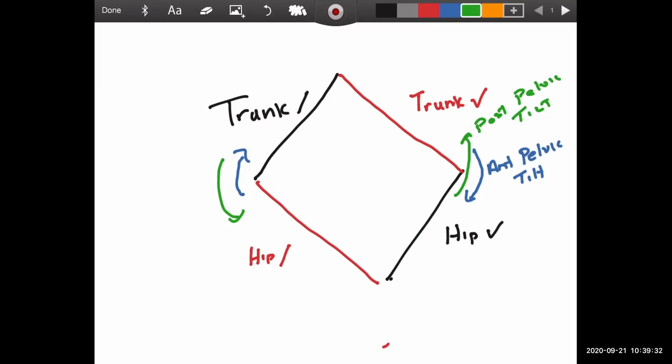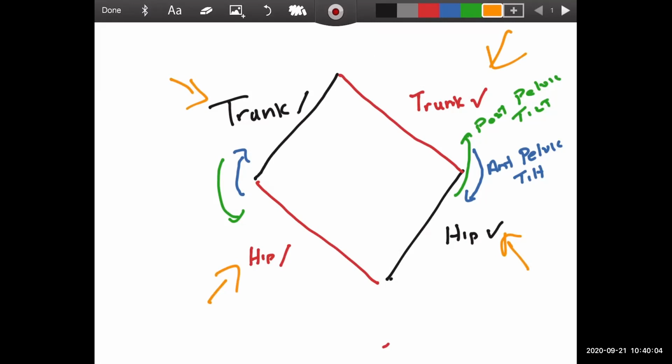So we've got our little diamond here and our primary groups of muscles: our trunk extensors, our hip extensors, our hip flexors, and our trunk flexors. I usually group them in groups, but you should be able to remember that the rectus abdominis is part of the trunk flexors, and that the erector spinae is part of the trunk extensors. You should be pretty good at doing that at this point.